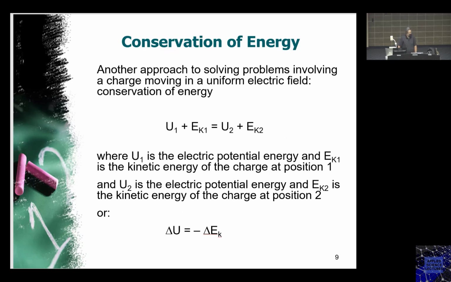Also, the energy is conserved. Conservation of energy applies as well, which means the electric potential energy plus the kinetic energy before equals the electric potential energy plus the kinetic energy after. If you move U1 to the right side and EK2 to the left side, you're going to end up with delta U equals to minus delta EK.